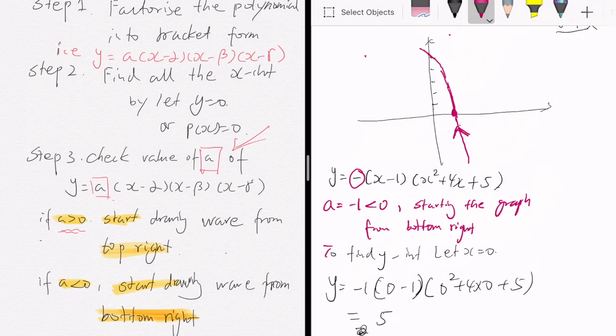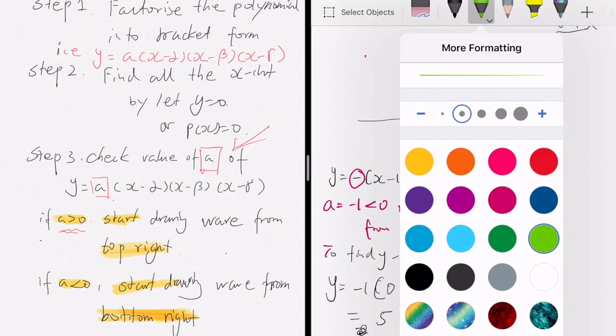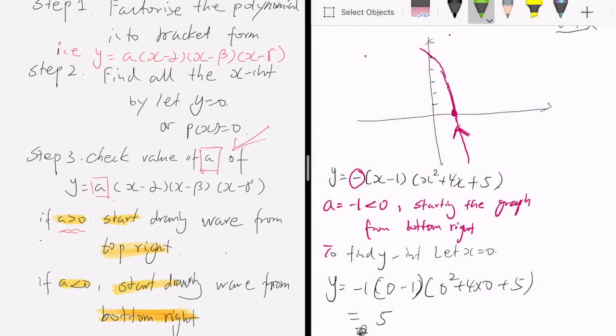And then for the rest of the part, there's no way that we can draw by hand because we don't know the x-intercept. Therefore, if you use CAS, then your CAS is going to tell you what your graph will look like.